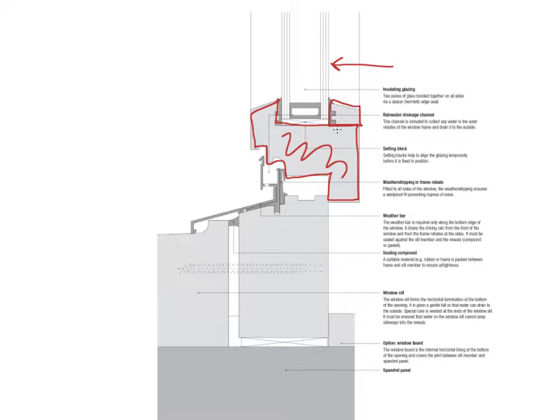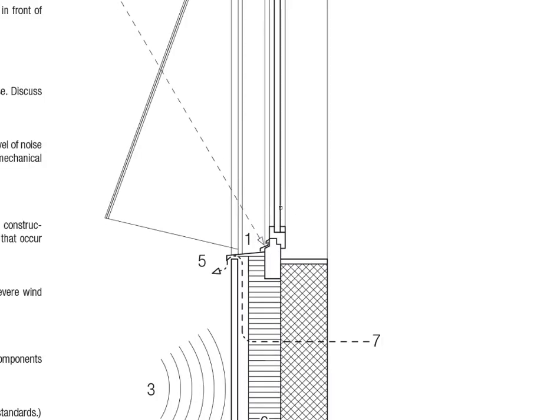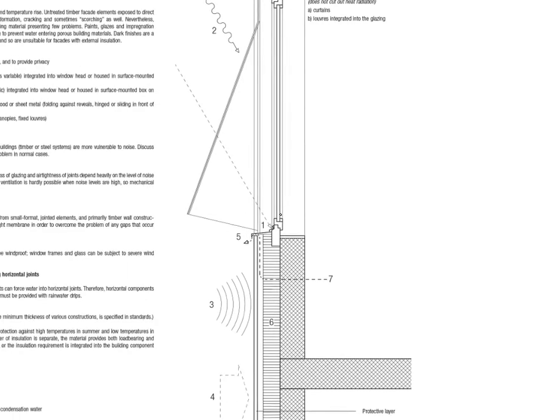The glass is then inserted and it is held in place with this little removable piece, which is a glazing bead. So these are the most important elements that we will find in a window frame. So going back to the slightly bigger scale here again.